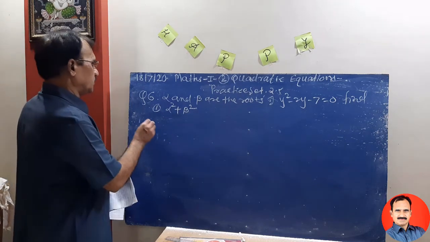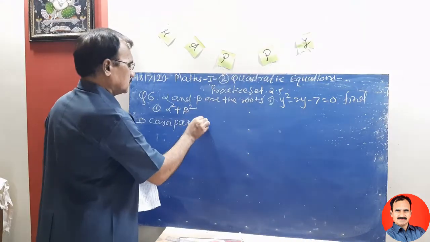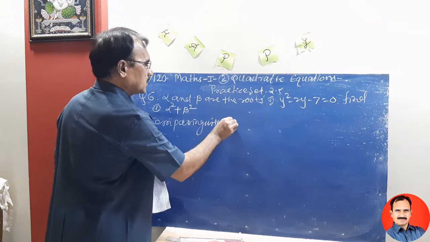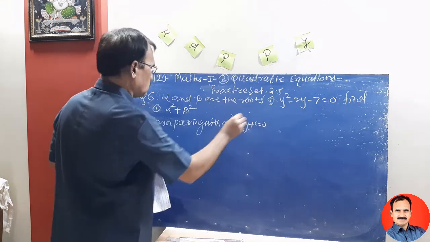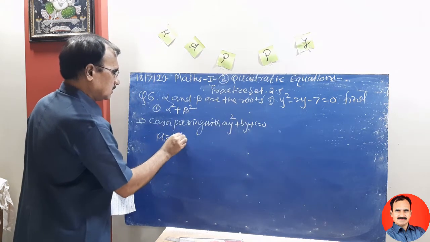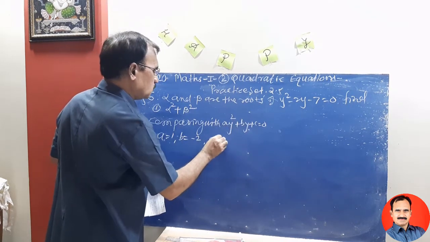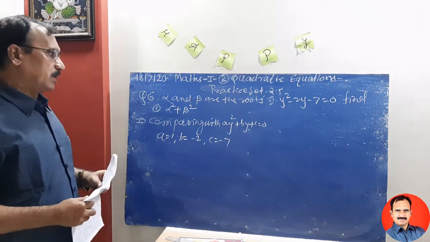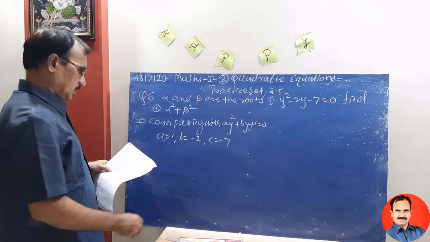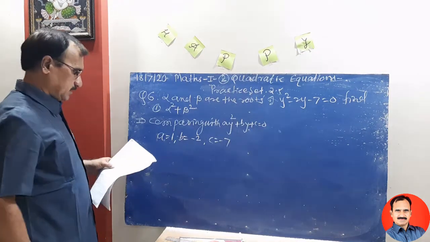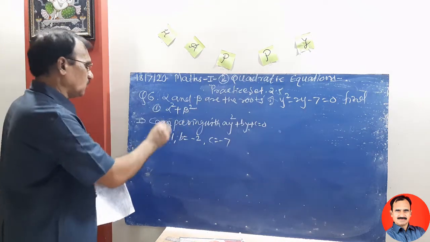Again, comparing with ay square plus by plus c is equal to 0, we get a is equal to 1, b is equal to minus 2 and c is equal to minus 7. We have to find alpha square plus beta square. We know the relation between roots of quadratic equation and coefficients.